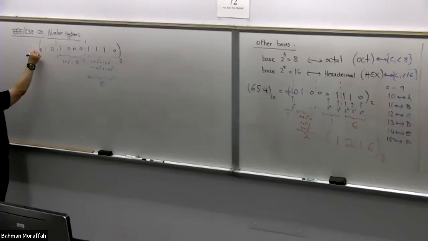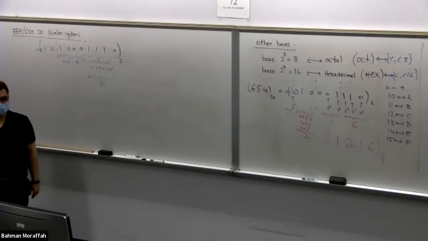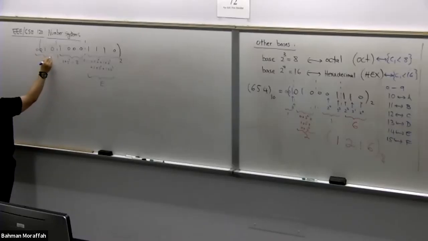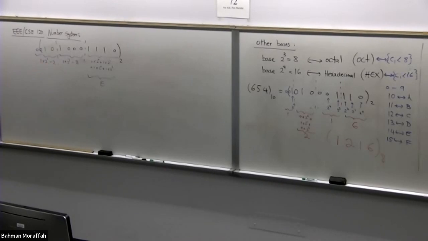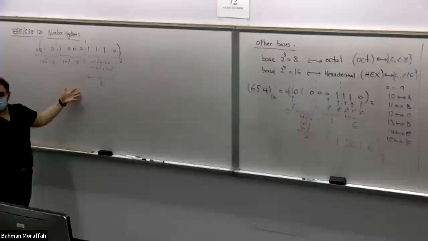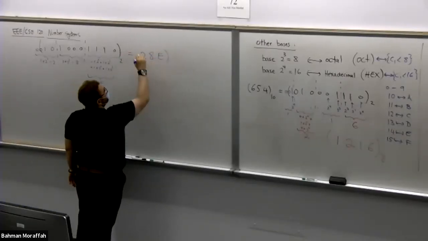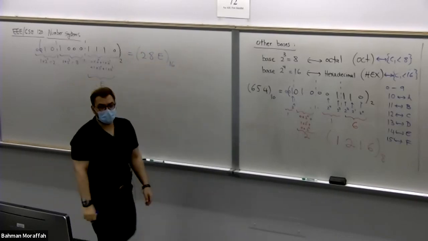I can add 2 zeros here without changing the number. What is this number? That's 1 times 2 to the 1. So what is the hexa representation? That's basically 2, 8.